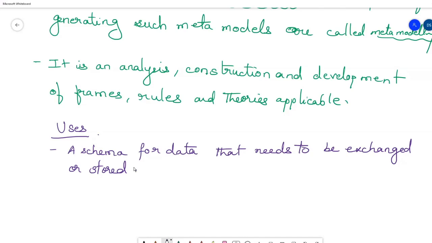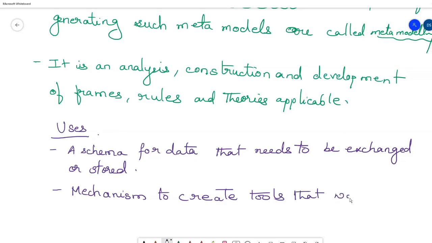It also helps in defining the mechanism to create tools that work with a broad class of models.